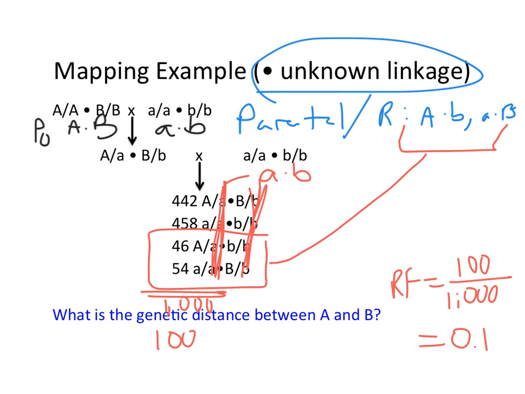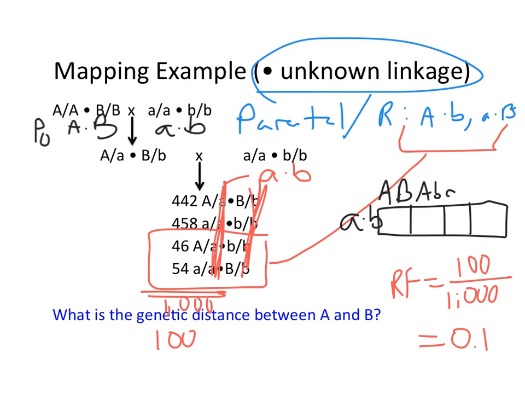What would Mendel have predicted in this case? If you did this cross and you looked at 1,000 F1s, Punnett square, the tester individual only produces little a, little b's. We have 4 possible dihybrid gametes. So what fraction of the F2s should have been parental if the genes are on separate chromosomes?